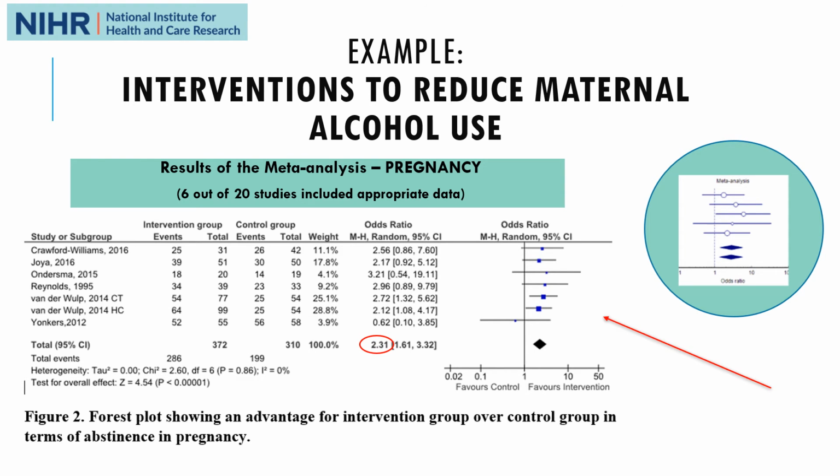The odds of achieving abstinence were 2.31 times higher in the intervention groups compared with the control groups. So the question is, can we conclude that these interventions are effective? Some food for thought: only 6 out of 20 studies had data available for meta-analysis. So is this enough evidence?